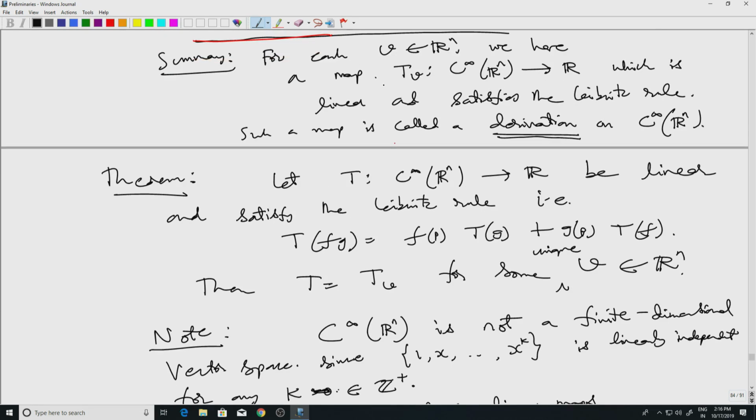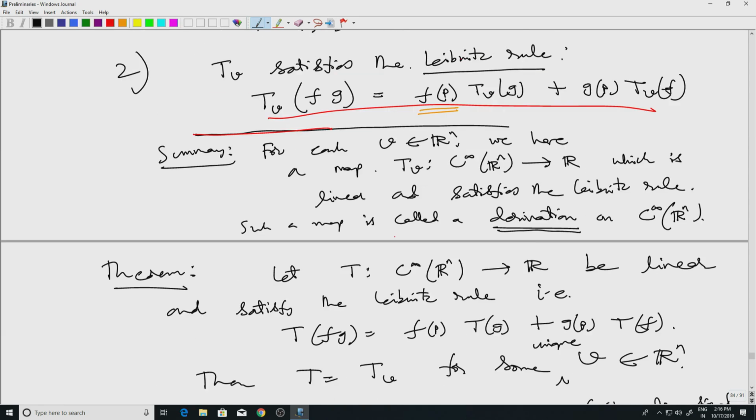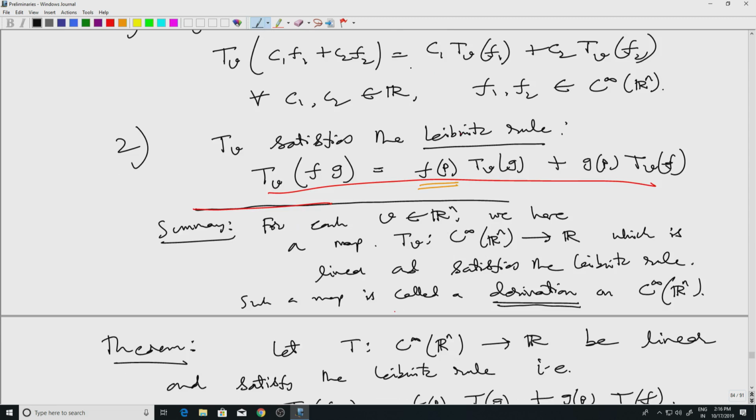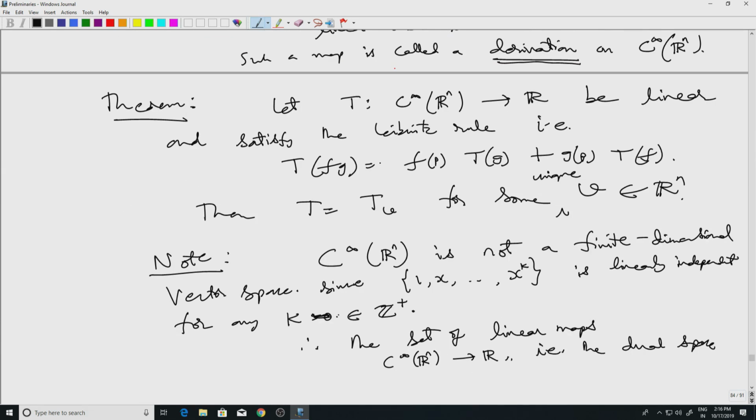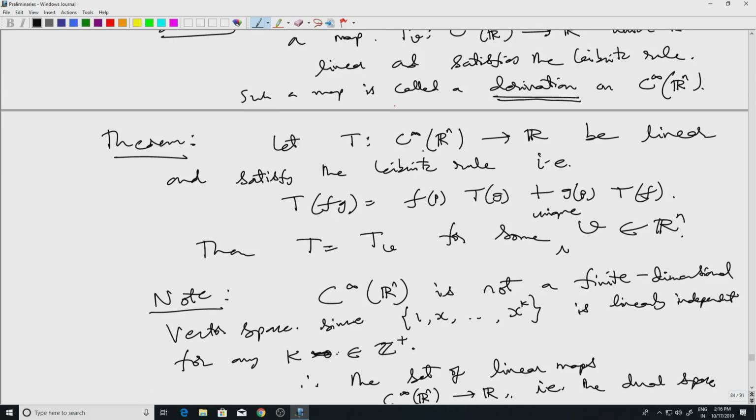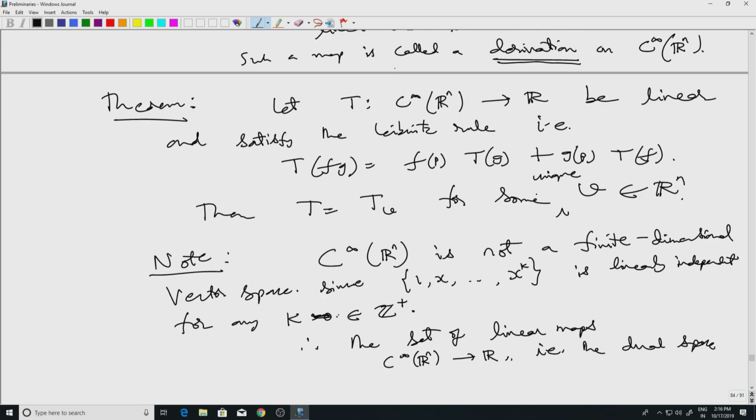So we would like to regard all this property shows that corresponding to every vector I get a derivation, but we would like the converse as well. So that's the theorem here. Let T from C infinity R^n into R be linear and satisfy the Leibniz rule, which I have again written down.